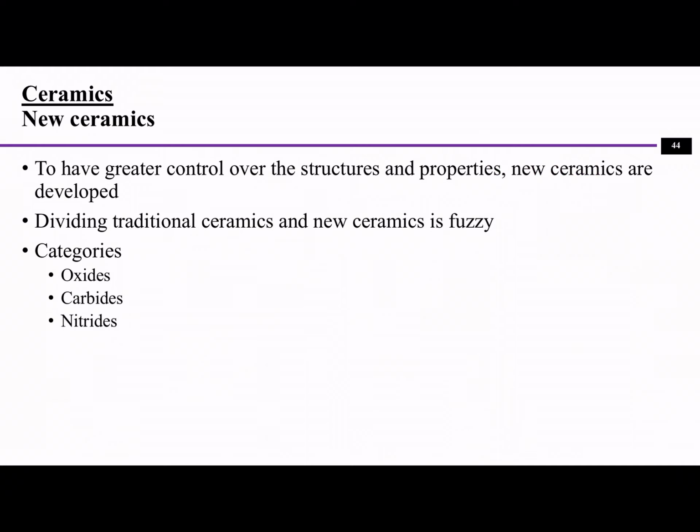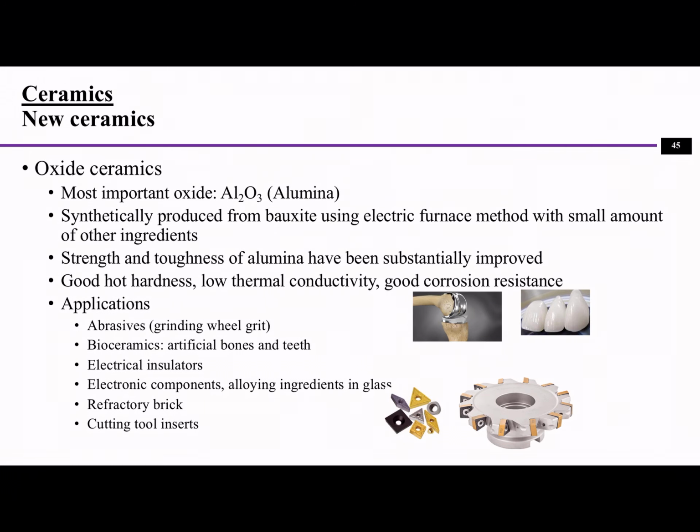Also, there are some new ceramics. New ceramics are usually designed for working environments with very special requirements. There are three major categories: the oxides, carbides, and nitrides. First, oxides.